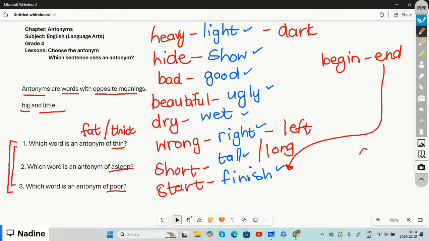Yes, and the opposite of asleep, if you're not asleep, then you are awake. Well done. So awake is correct.